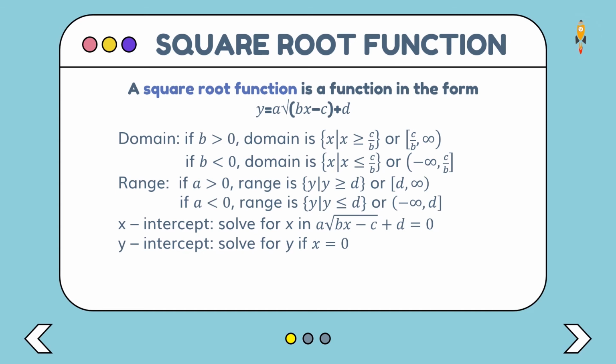X-intercept. Solve for x in a times the square root of bx minus c plus d is equal to 0. Y-intercept. Solve for y if x is equal to 0.